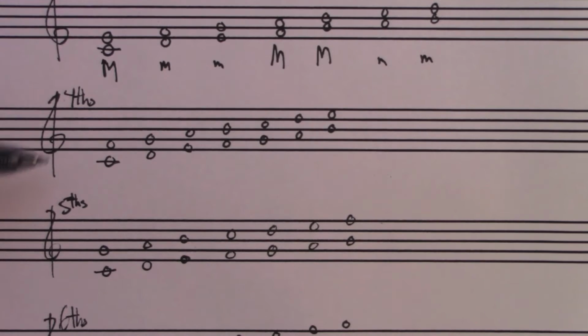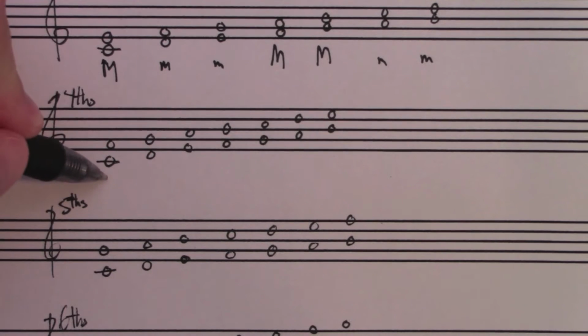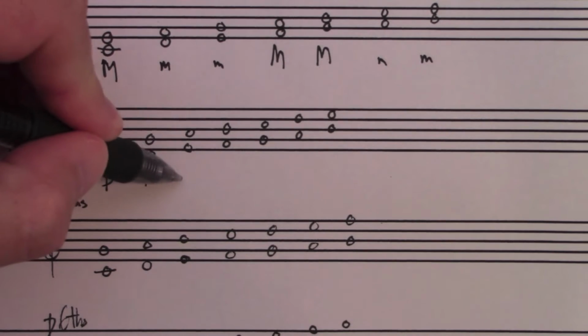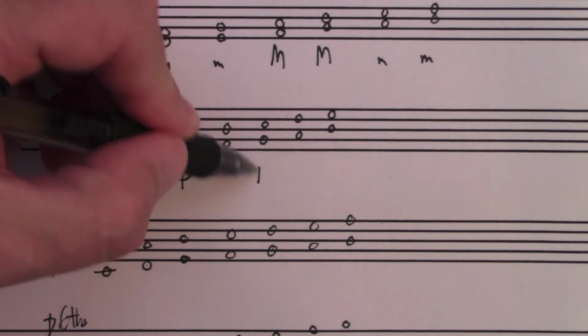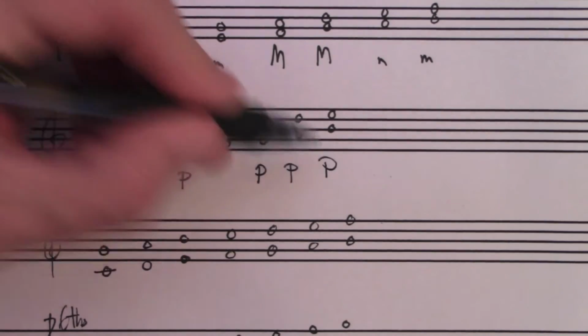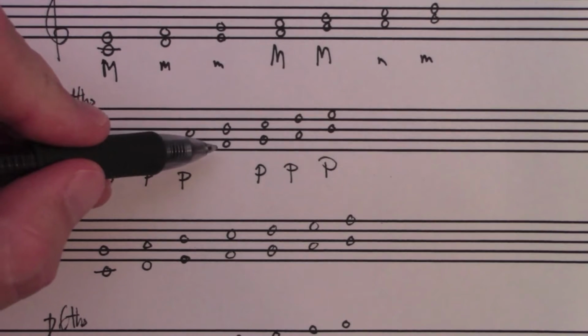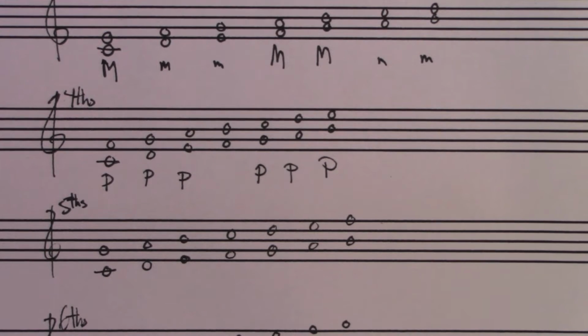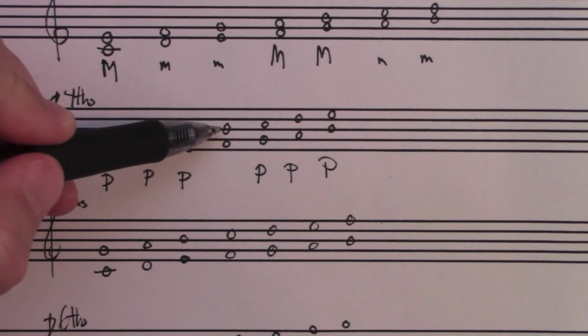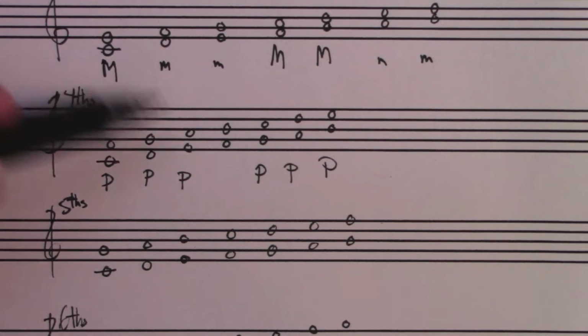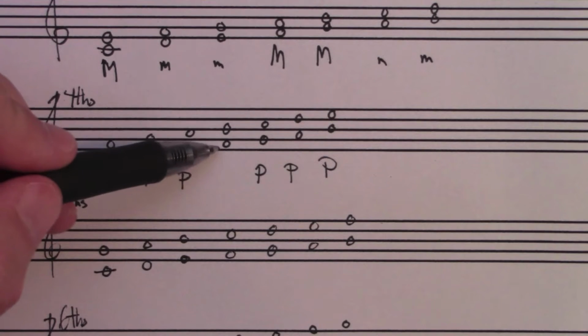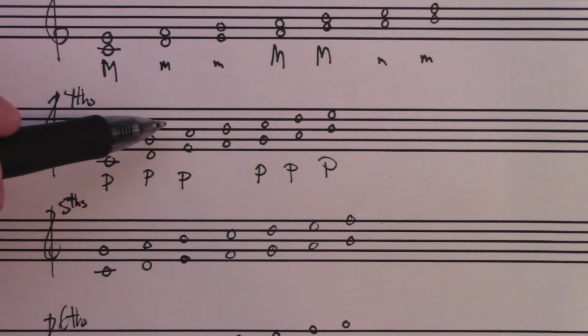Fourths, pretty straightforward. You're going to like this. Perfect, perfect, perfect, perfect, perfect, perfect. They are all perfect except for one: F to B. Which is what kind of fourth? Can you figure that out? Number of half steps?